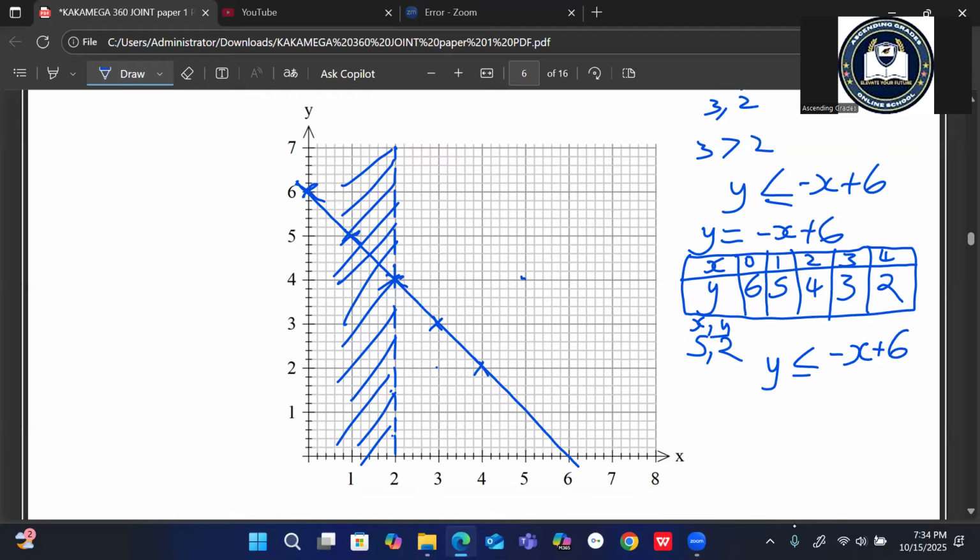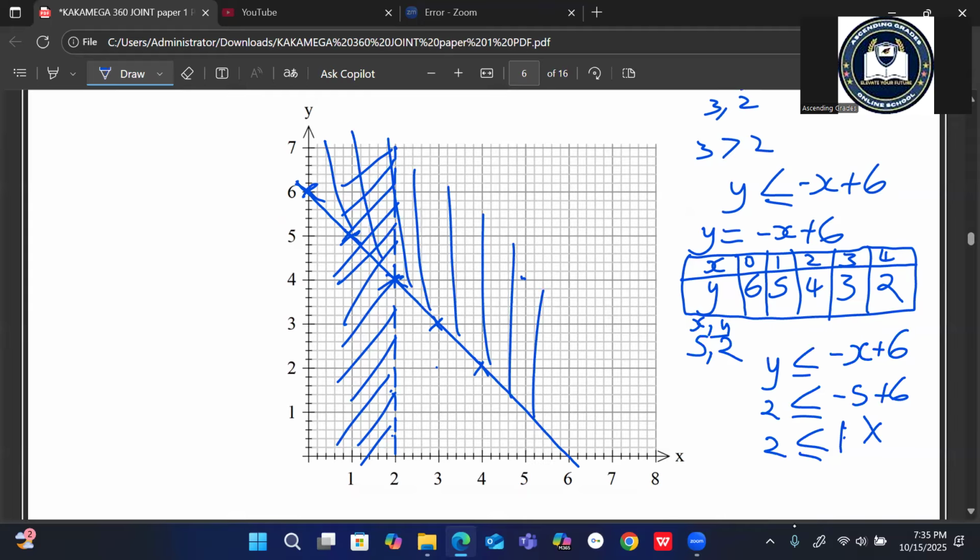Where there is y, we insert 2. Negative x, so it is negative 5 plus 6, so it will be 1. 2 is less than or equal to 1. So that is wrong. So that means we should shade this. So these are our unwanted parts.